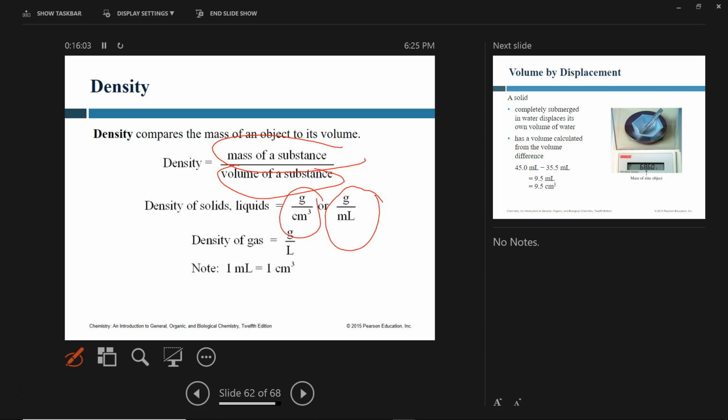You can use whatever units you prefer. For gases, gram per cubic centimeter or gram per milliliter is just inconvenient because the number becomes really, really small. So we usually switch to gram per liter. Does that make sense?